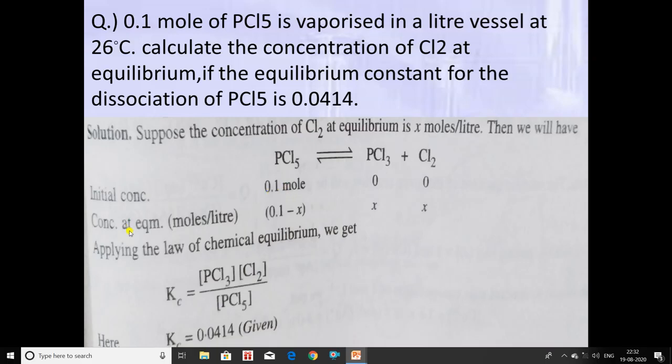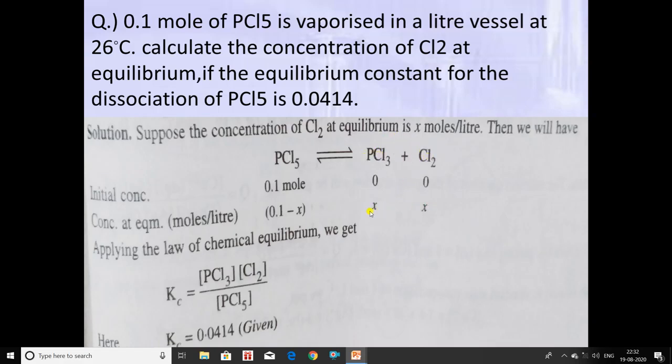Now the concentration at equilibrium point. In this step, we will assume that at equilibrium the concentration of PCl3 is x. In the same way, we will assume that the concentration of Cl2 is x. We are assuming the concentrations of PCl3 and Cl2 are the same because their numbers of moles are the same, that means 1 mole, 1 mole.